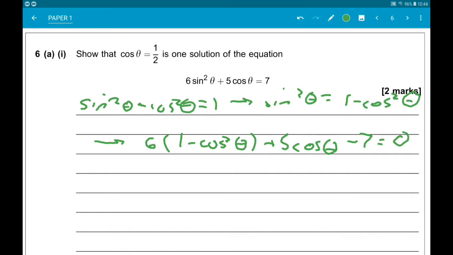Okay, so we get 6 minus 6 cos squared add 5 cos minus 7 is equal to 0.